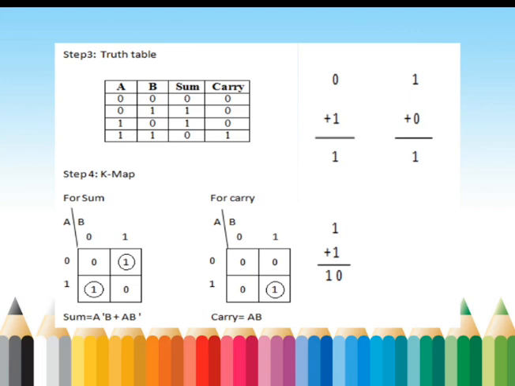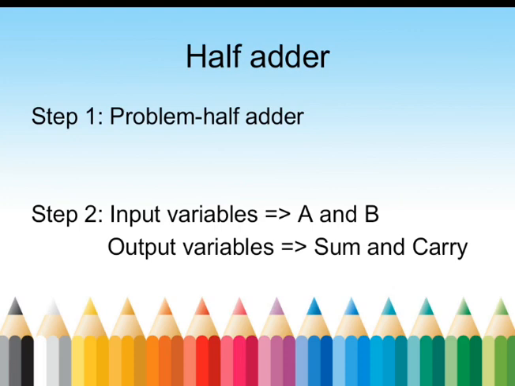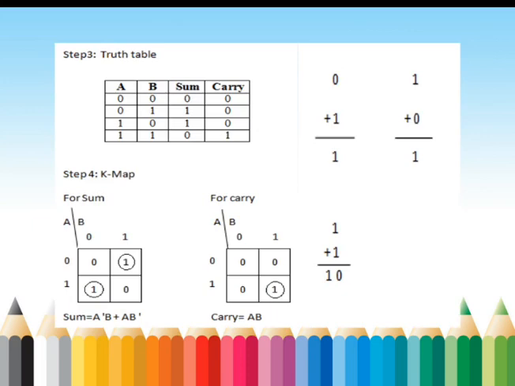So from this example, we may say the input variables of the half adder circuit are taken as A and B, and the output variables are sum and carry. With this, we may express the truth table with columns A, B for input variables, and sum and carry for output variables.